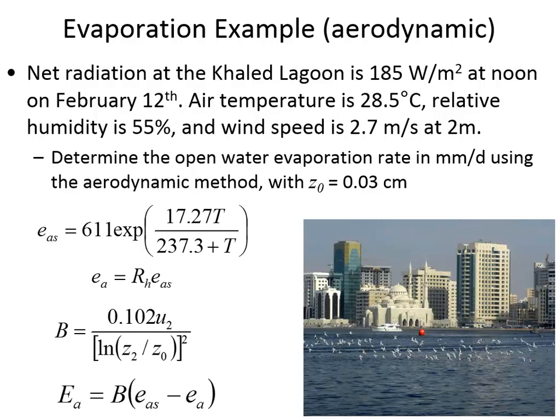We're going to use the wind speed. And now we're also going to take into account the roughness of the water surface. So the average wave height here is 0.03 centimeters, so 0.3 millimeters is the average wave height. And that's probably a pretty calm day if you think about it. We'd see waves larger than that fairly often.